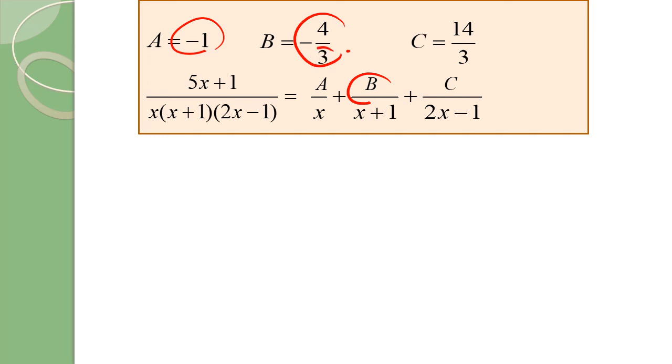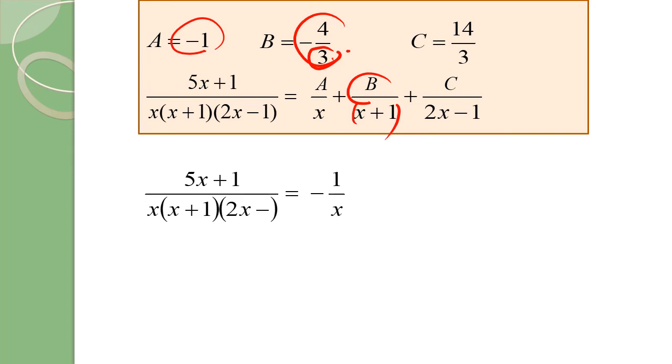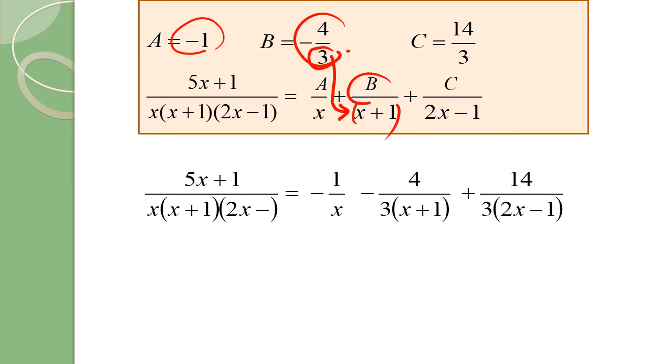We just have to multiply the denominator with the denominator. So it's equal to negative 1 over x, because a equal to negative 1, and b is minus 4 over 3 of x plus 1, because 3 is in the denominator. The same thing as c, because it's positive, so plus 14 over 3 of 2x minus 1.